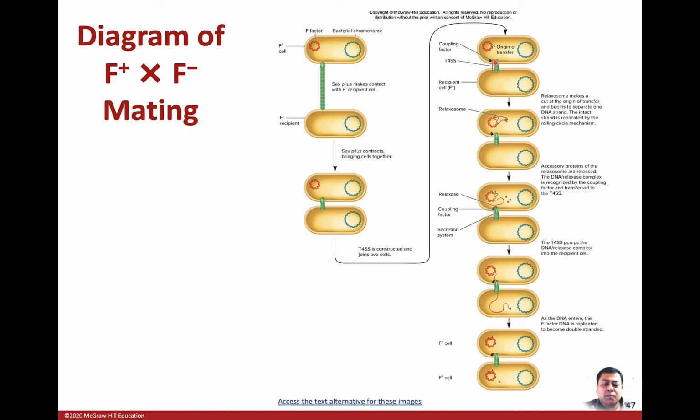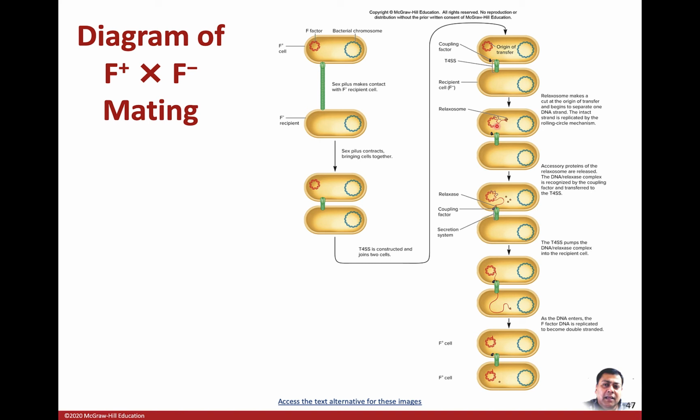So at this point, there is a relaxosome, a particular protein that is responsible for replicating from this double-stranded DNA. It's going to make a copy of this F plasmid by the rolling circle mechanism.